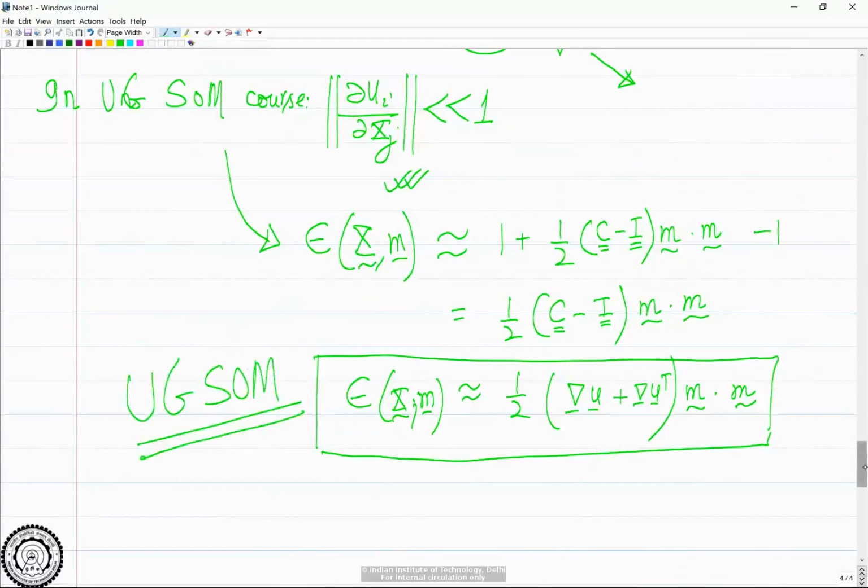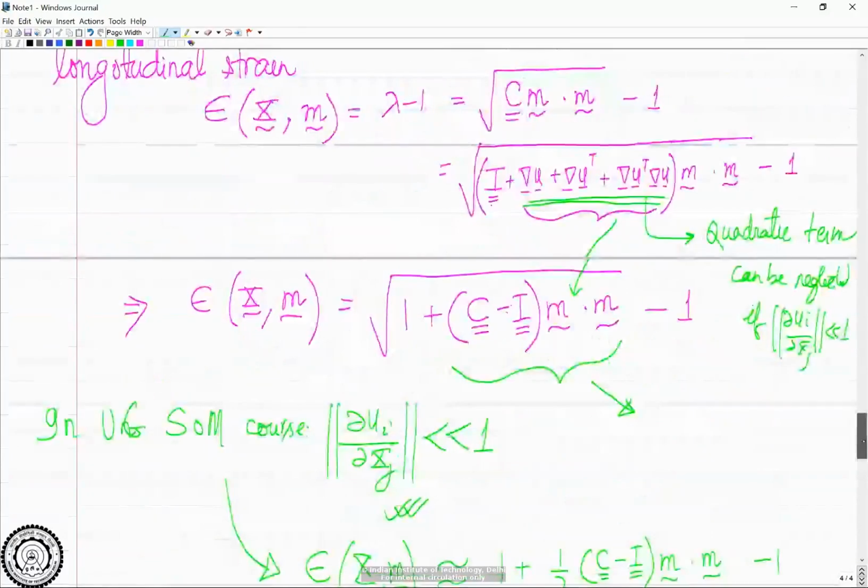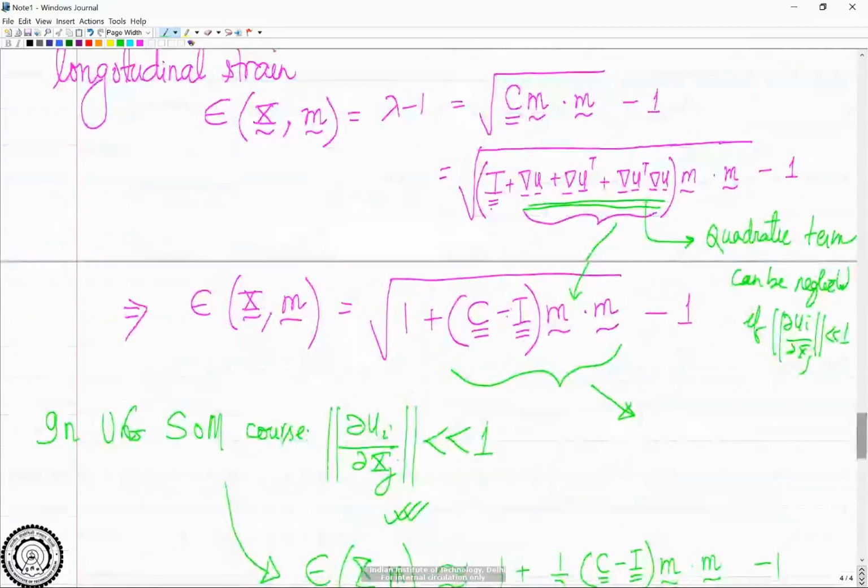But now in your PG courses, this is the formula for epsilon, and it holds even for large deformation.